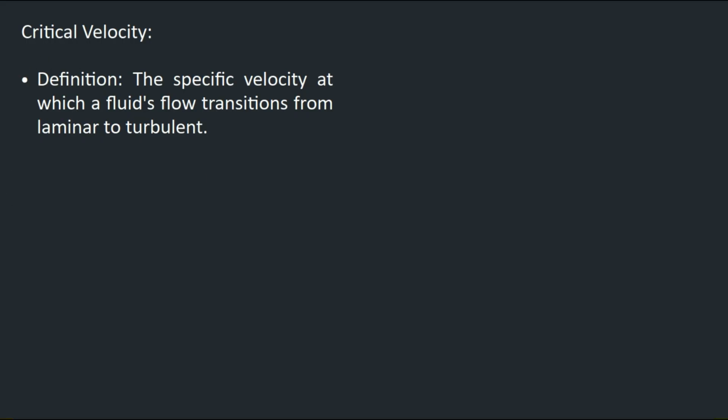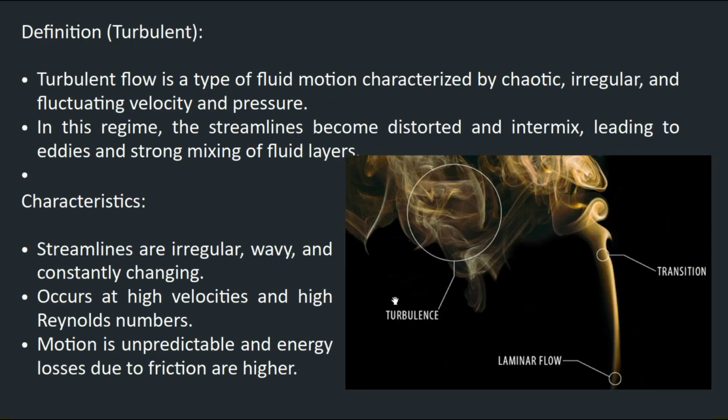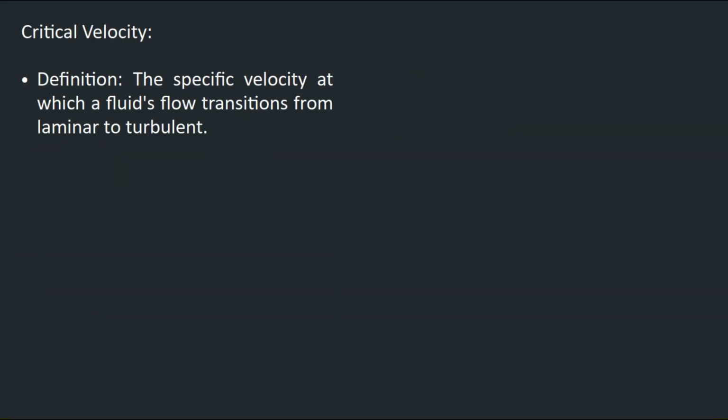So we saw this, laminar and turbulent. The same particles become turbulent after a certain place, right? There's a transition place. Or I can say there's a transition velocity. That transition velocity is known as your critical velocity.